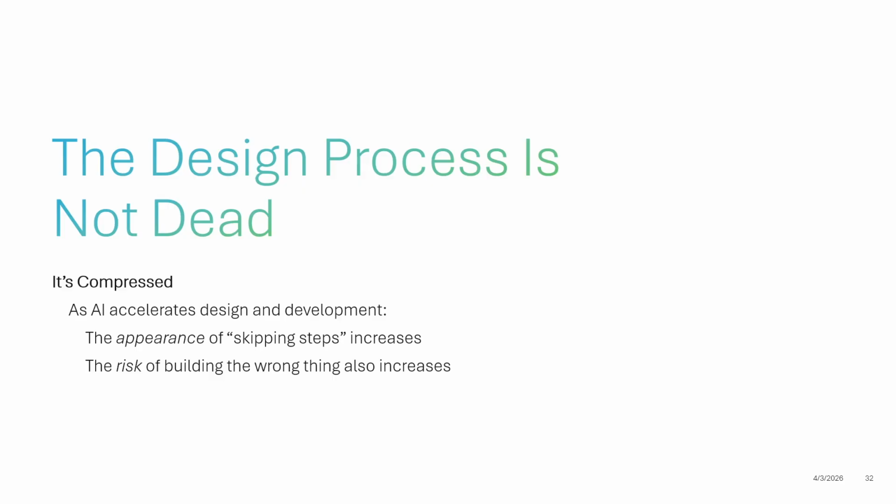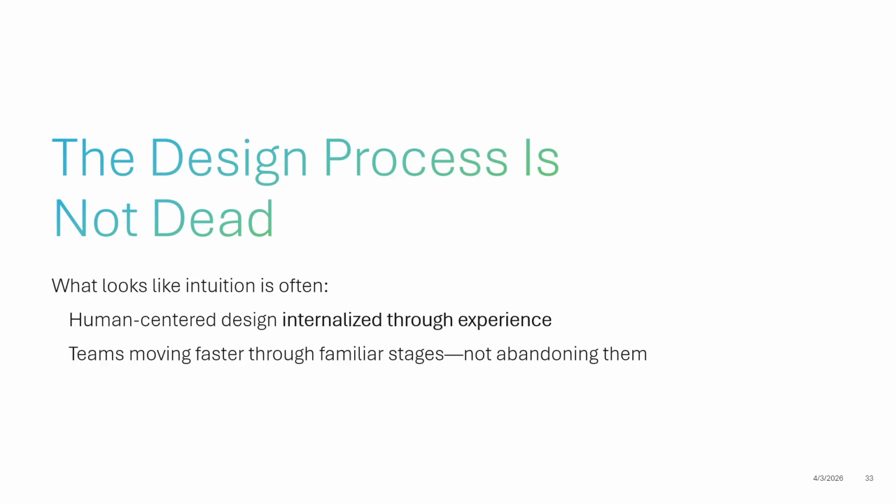Okay, we don't want to skip steps just for the sake of skipping, but maybe some of the steps are going to be faster because we can have different AI tools to help us do some evaluations or conduct some design tasks, but still the user is going to be valuable. And the other thing is that what looks like intuition is because when you do this several times, we end up internalizing the experience into the process.